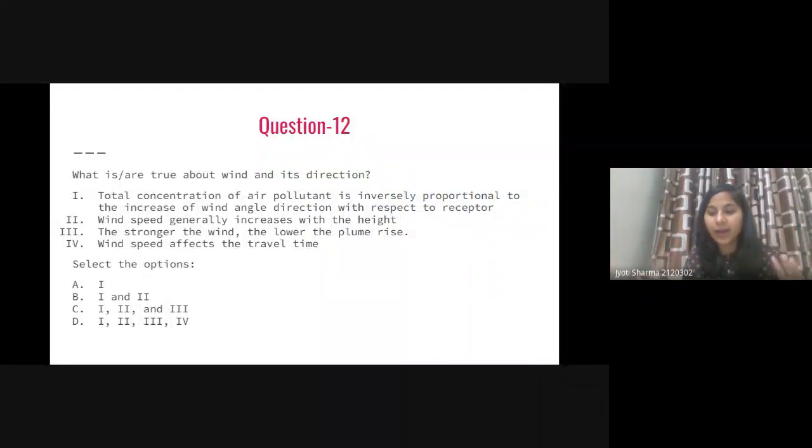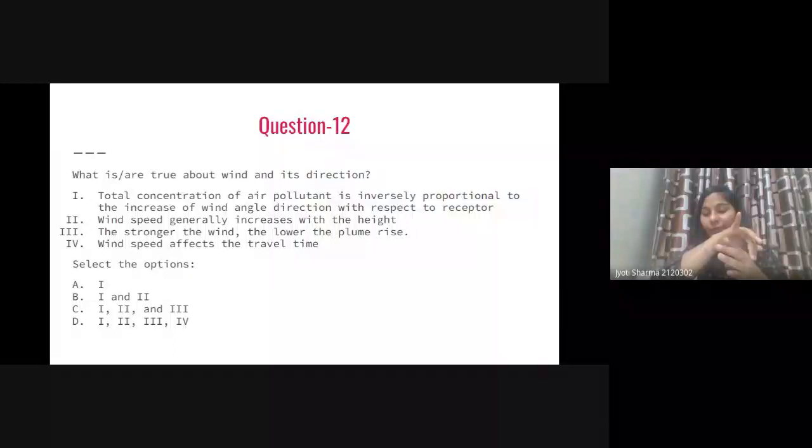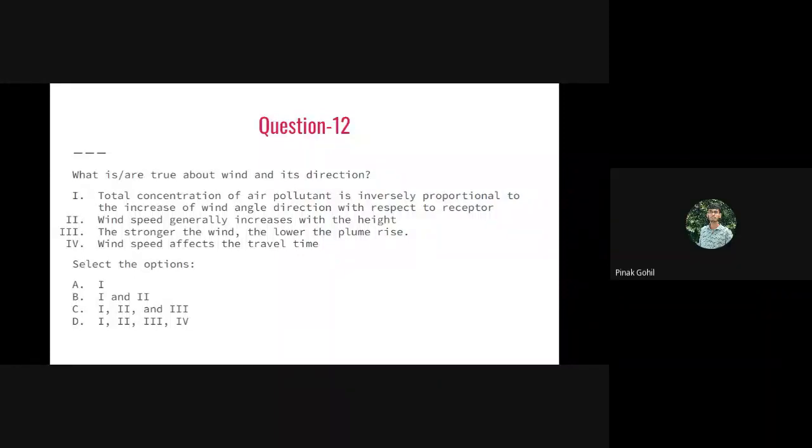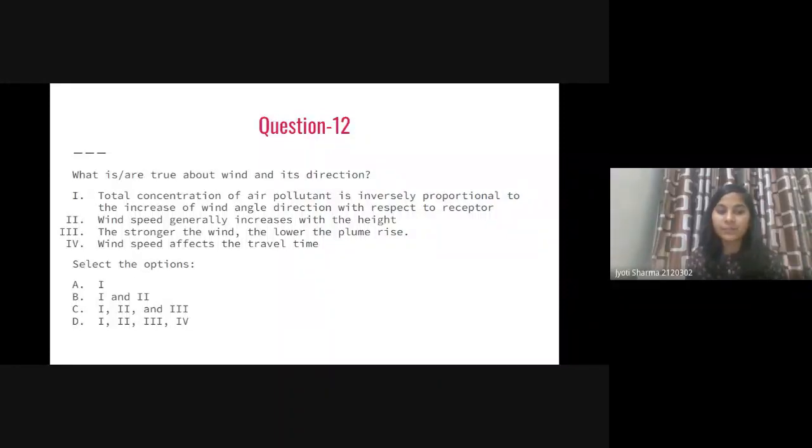If you have high concentration at a point, but there is a wind coming from the backside of it, then this wind will push the pollutant and disperse it. Because of the wind angle and the wind velocity, your pollutant will disperse, and that's why there is an inversely proportional relationship between them.